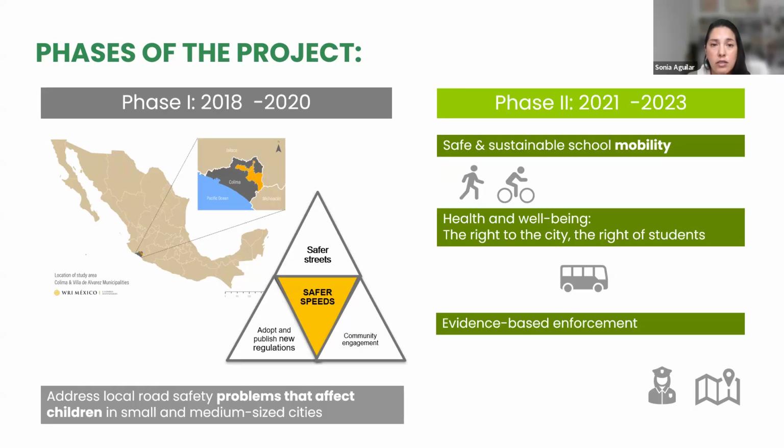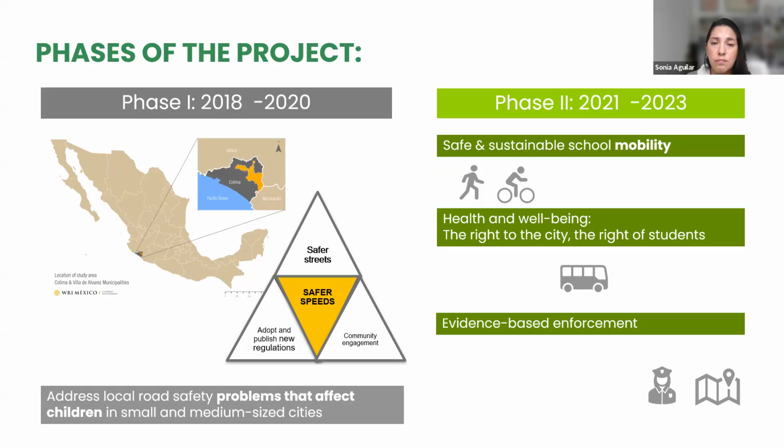In the second phase, you will see that we shifted the scope a little for three components. One was, now that we have safe routes to school or safe environments, we can promote safe and sustainable modes like cycling and walking to school. The second was that some of these locations were completely inaccessible for many of the students.